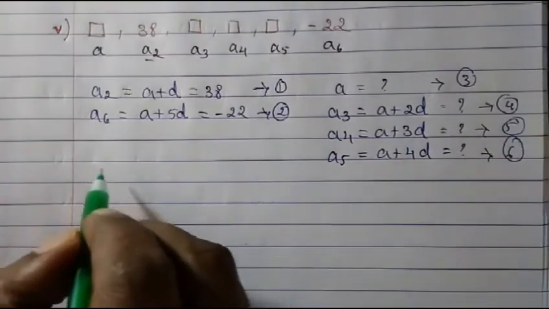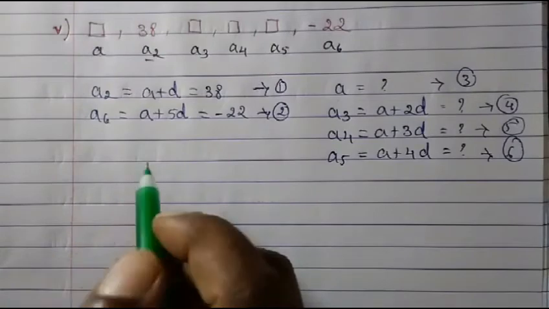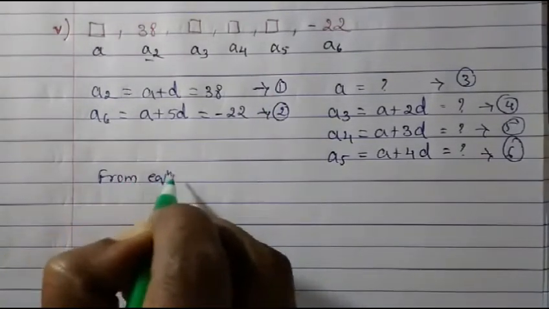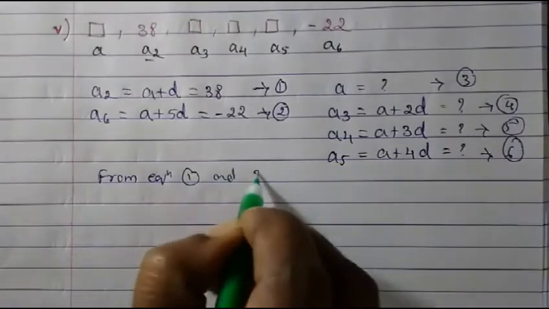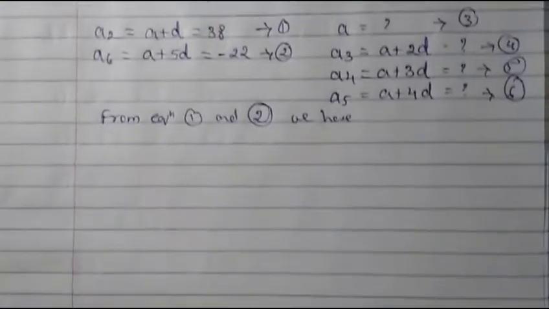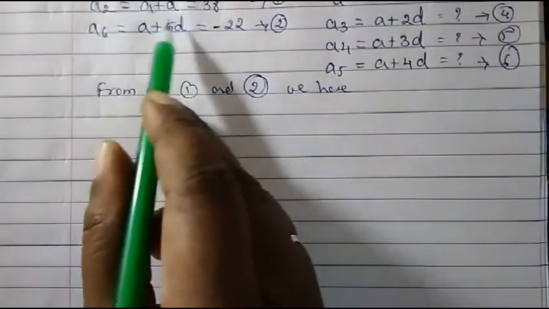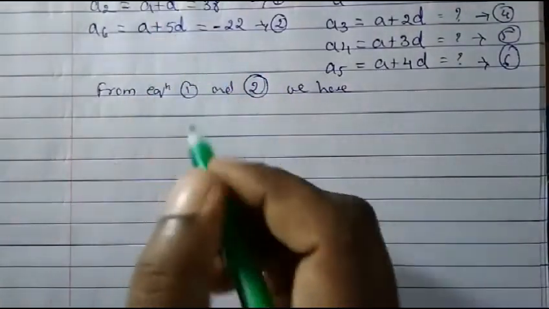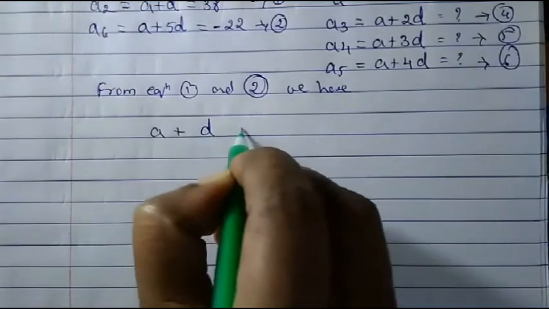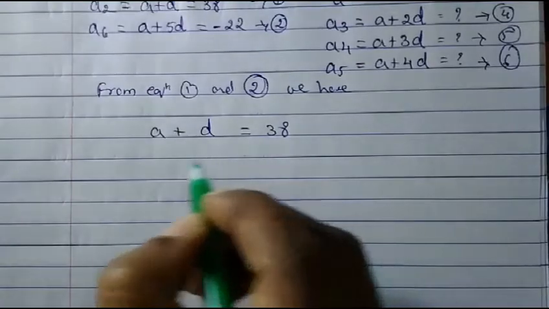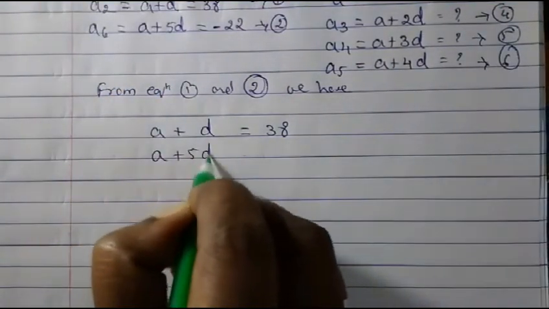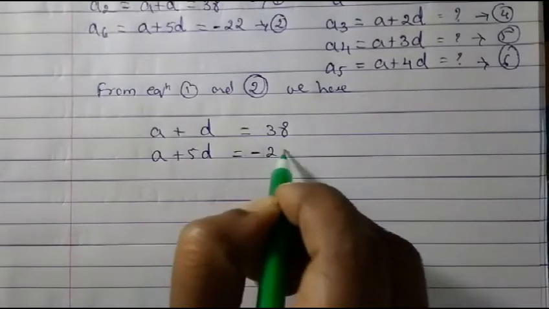Now using the elimination method from equation 1 and 2, equation 1 is A plus D is equal to 38, and equation 2 we have A plus 5D equal to minus 22.